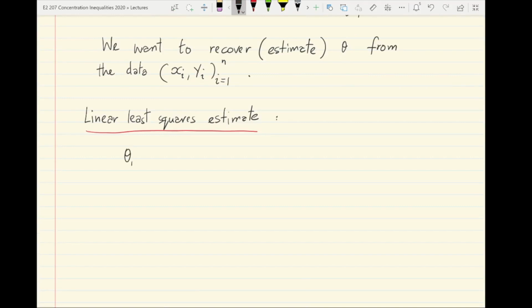The estimate for theta from these n data points is defined to be theta n hat, which is the solution to a minimization problem over all possible theta tilde in Rd of the sum over your data of the fitting error, xi transpose theta tilde minus yi.